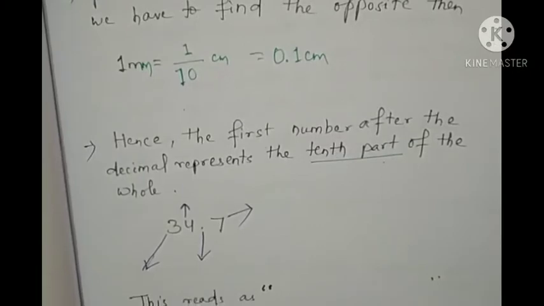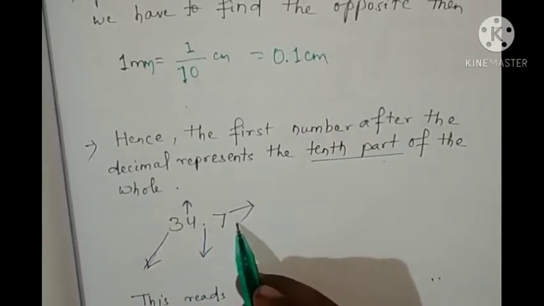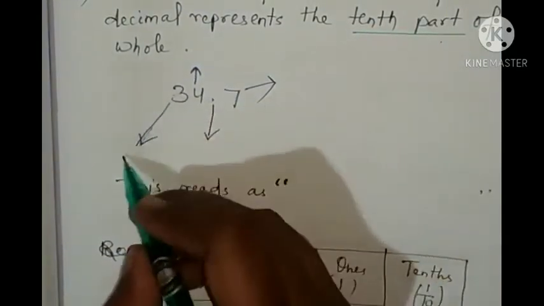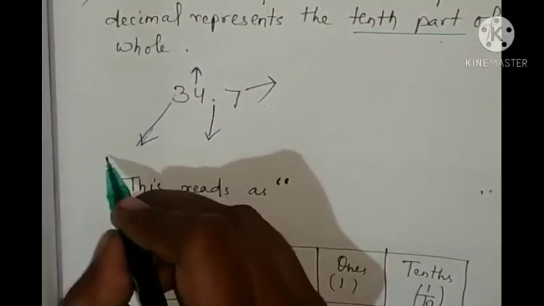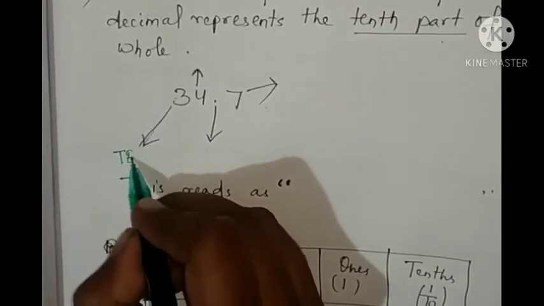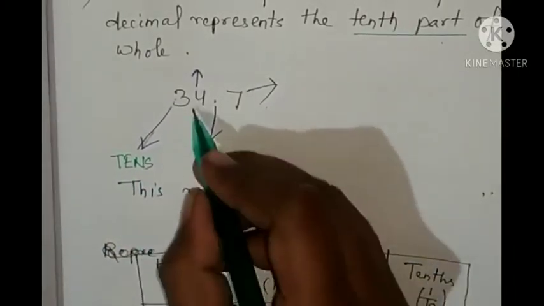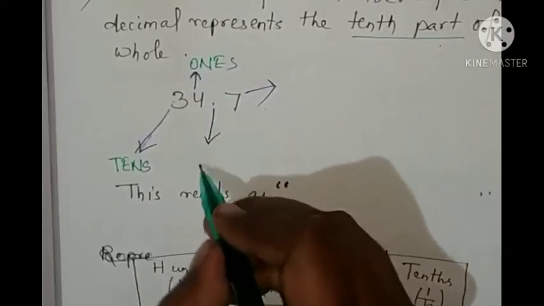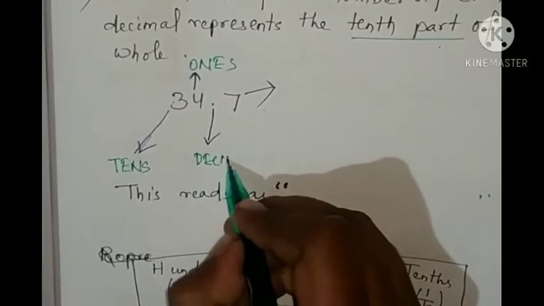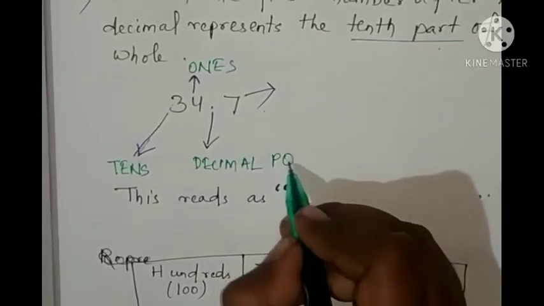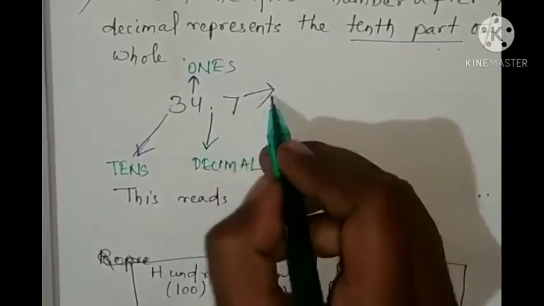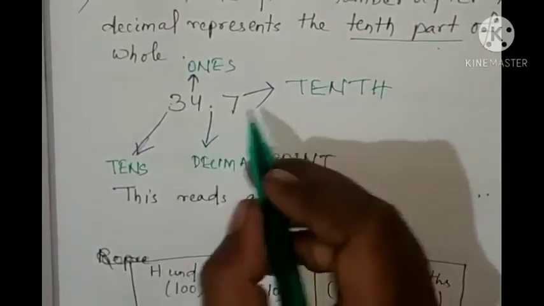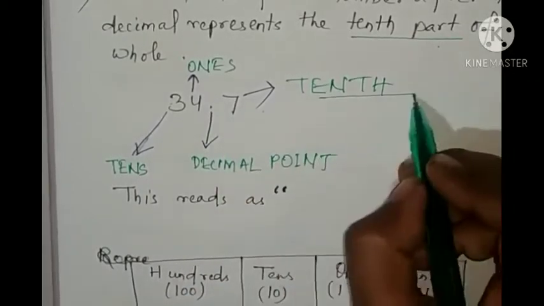So here you will see 34.7. Look here, 3 is in tens, 4 is in ones, this is the decimal point, and 7 is in the tenth place. After the decimal, the first place is the tenth place.